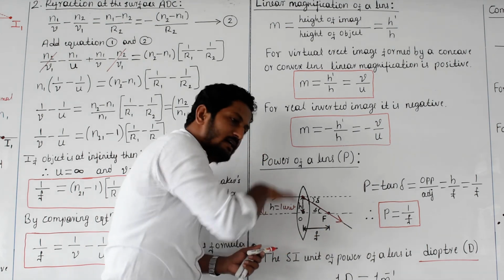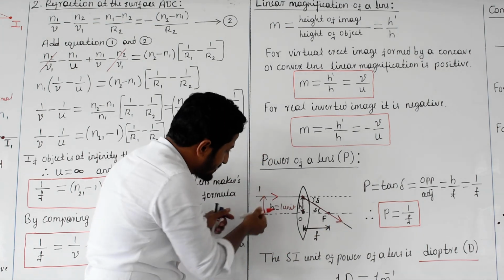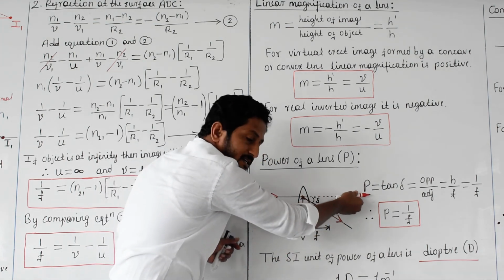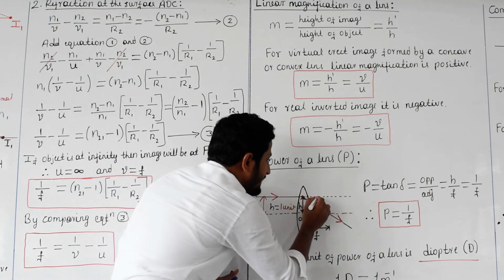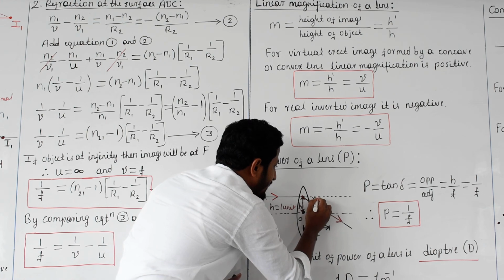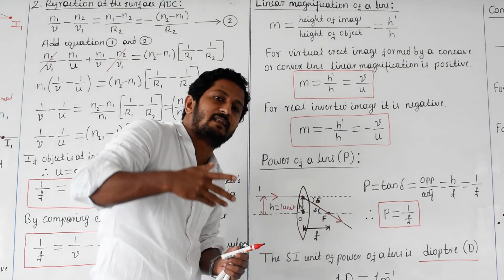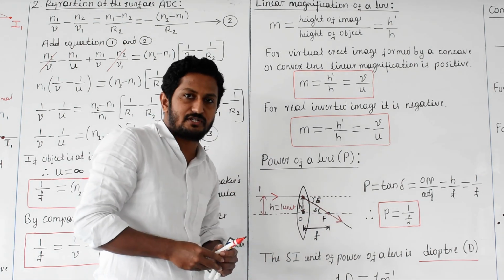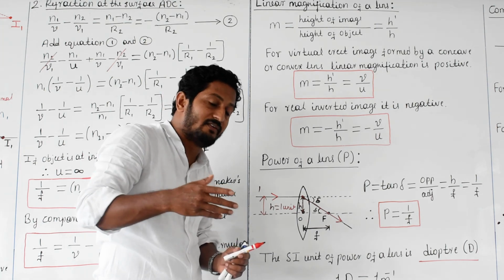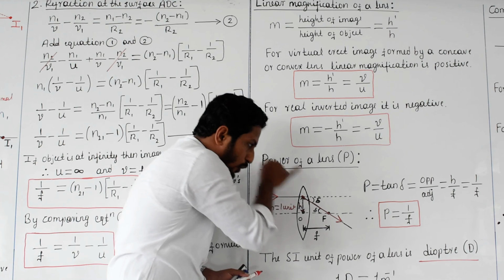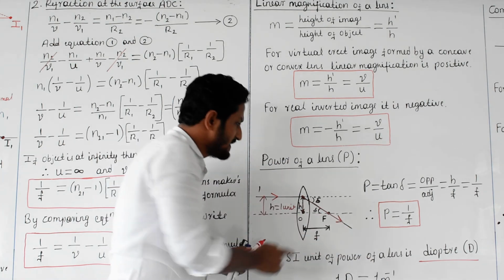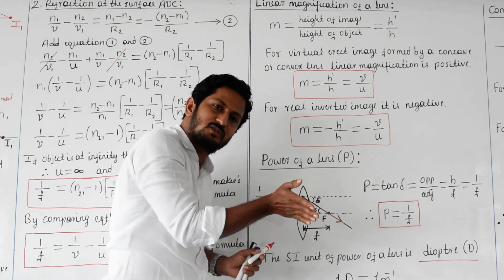It got converged. Instead of going straight, it bent this way. Here delta is represented. What is this delta? Delta is the angle of deviation or angle of convergence. How much did this light ray converge? This much. Converging means bending.